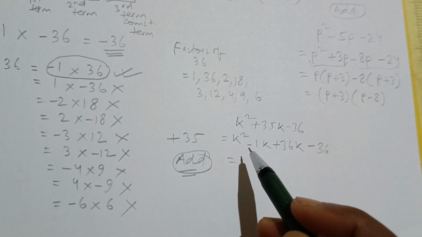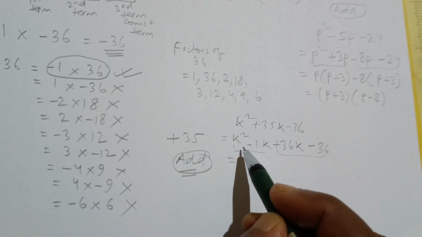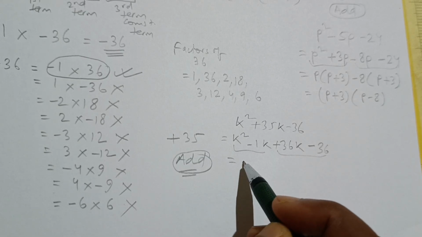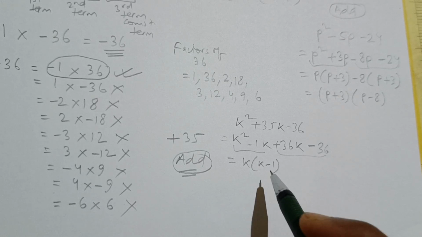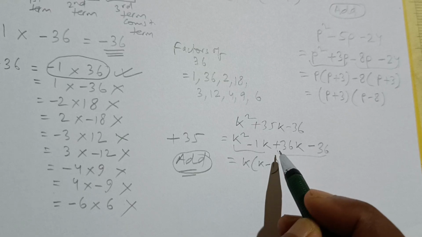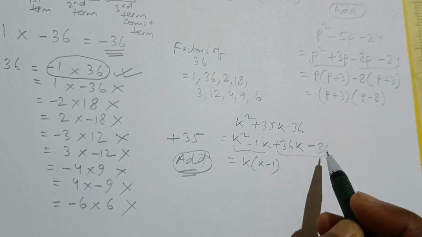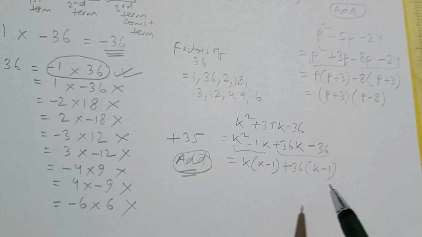And now let's factorize it. So by grouping, let's do it. So k square minus k, if you factorize, is k into k minus 1. And plus 36k minus 36, if you factorize, you will get plus 36 into k minus 1.